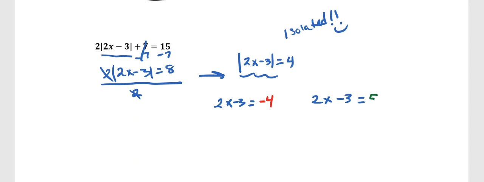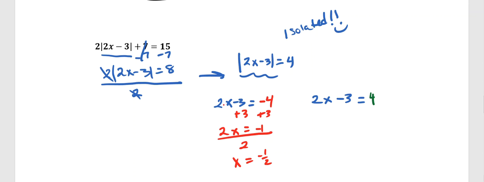Whoops, I don't know why I have 5 in my head. Now we can go about solving for each. So let's do the first equation. Add 3 to both sides. 2x equals negative 1. Divide everything by 2, and x equals negative 1/2.